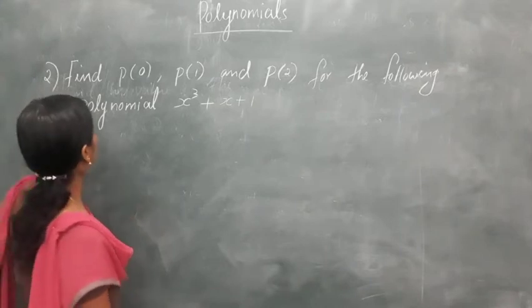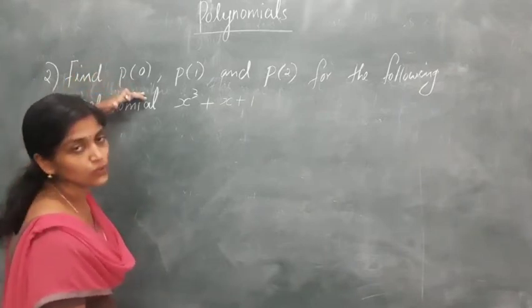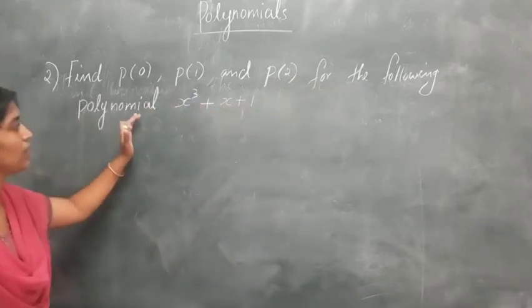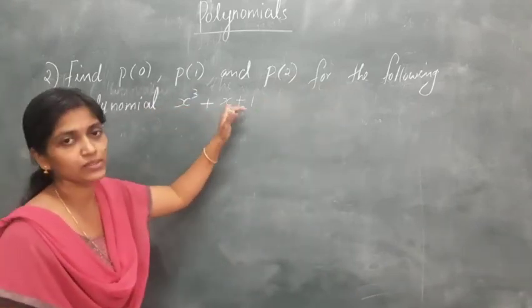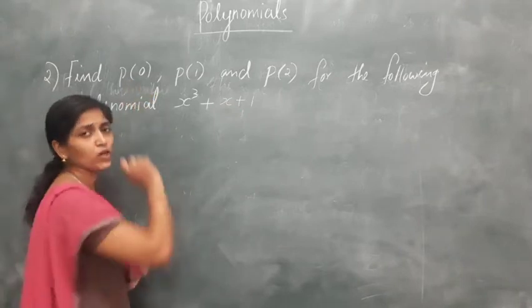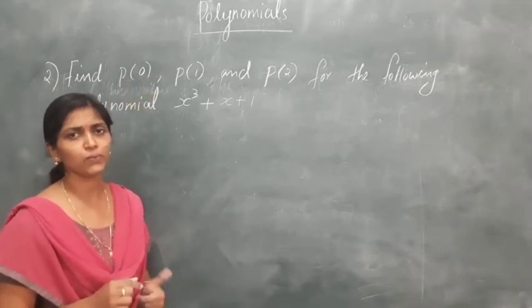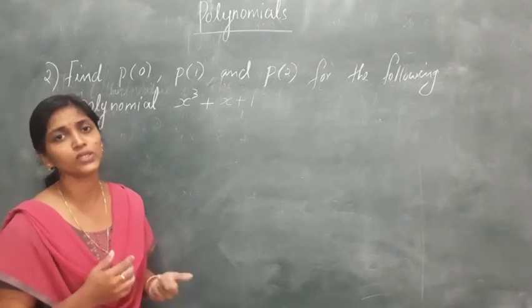Next question. Find p of 0, p of 1 and p of 2 for the following polynomial x cube plus x plus 1. What is this p of 0? When we found the previous question, we know the value of x is equal to 0, we wrote it as p of 0.